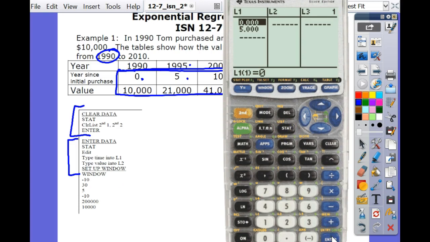And why do I have all of these decimal points? Because I put it on 10. Is the next one 15? And so please enter the data into your calculator.